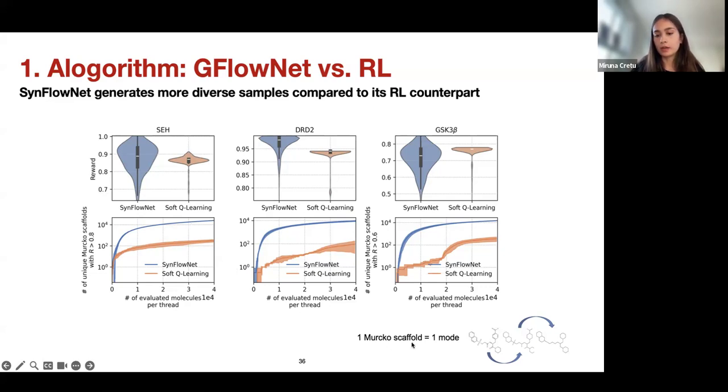Here, I'm defining a mode as a Murcko scaffold, which means taking a molecule and stripping away all of the types of atoms and all of the functional groups from it until you end up with a molecule backbone, sort of. So we see that soft Q-learning collapses much earlier compared to SynFlowNet, which explores many more modes.